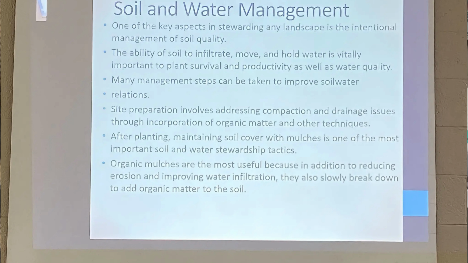Site preparation involves addressing compaction and drainage issues through incorporation of organic matter and other techniques. After planting, maintaining soil cover with mulches is one of the most important soil and water stewardship tactics. Organic mulches are the most useful because in addition to reducing erosion and improving water infiltration, they are also slowly breaking down to add organic matter to the soil.